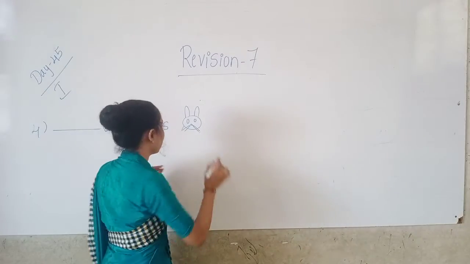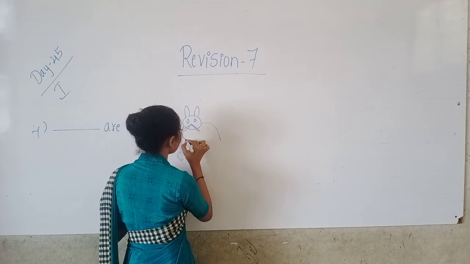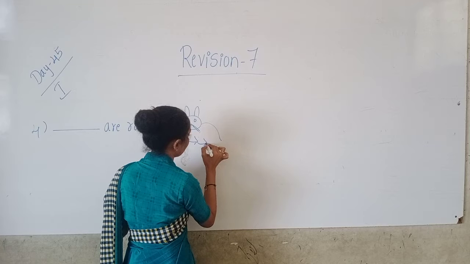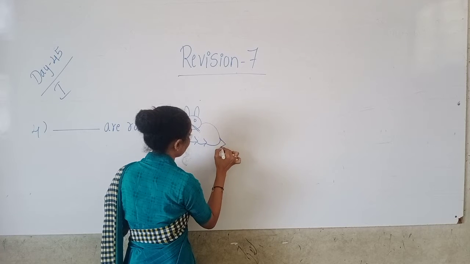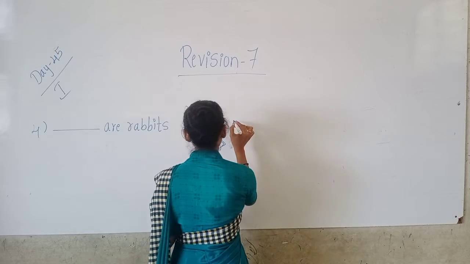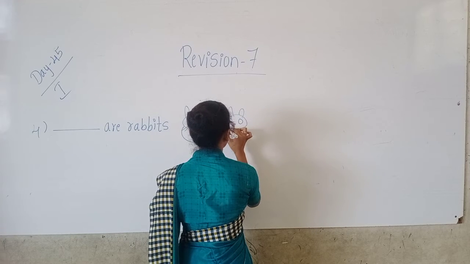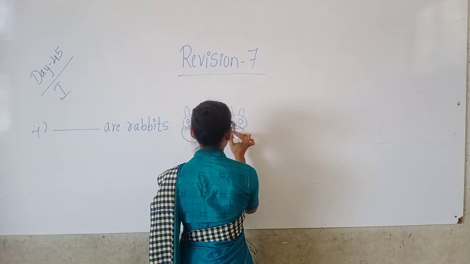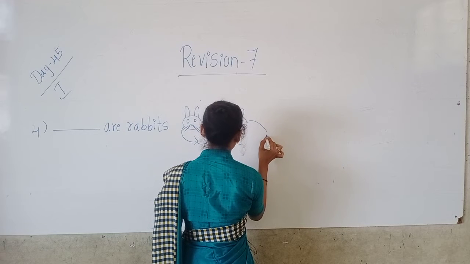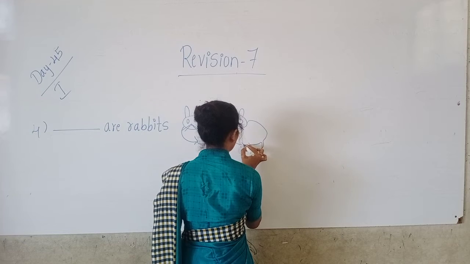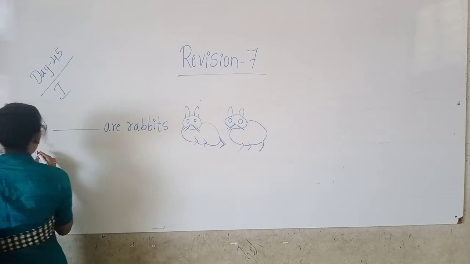Dash are rabbits. Okay, children. Dash are rabbits. Okay.